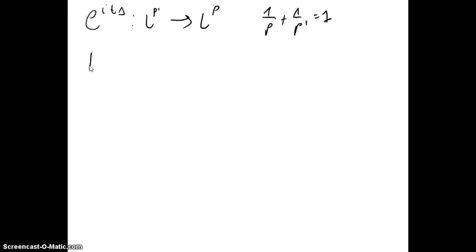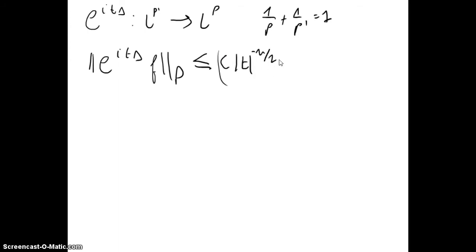Okay, so we will have that e^(itΔ) is going to go from L^p' to L^p of Rn always, with 1 over p plus 1 over p prime equal to 1, and that we can bound now by the norm in p being less than or equal to the bound that we had to the power 1 minus theta, because this is what Riesz-Thorin tells us, of the norm of f in p prime.